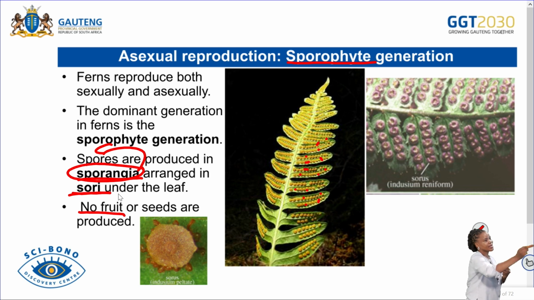Spores. This is how the spores are being produced. They are inside the sporangium, which is under the sorus. So that's how it reproduces asexually on the sporophyte generation, by means of the spores.